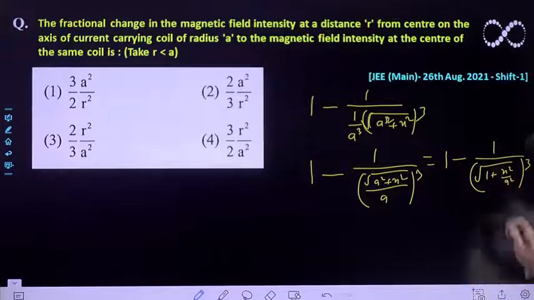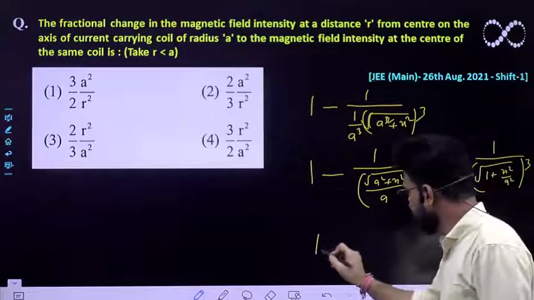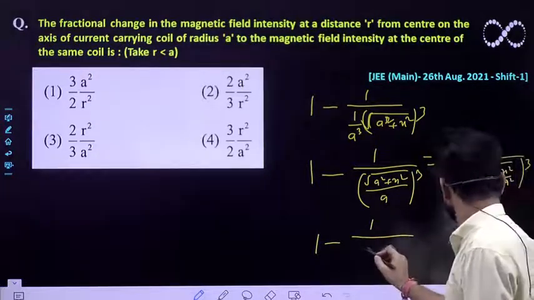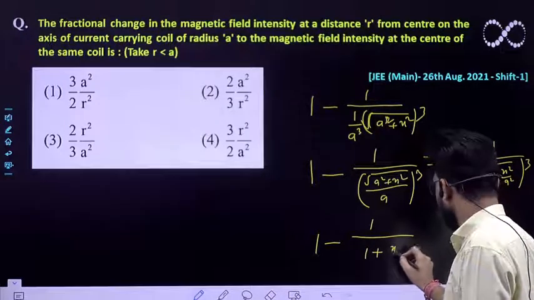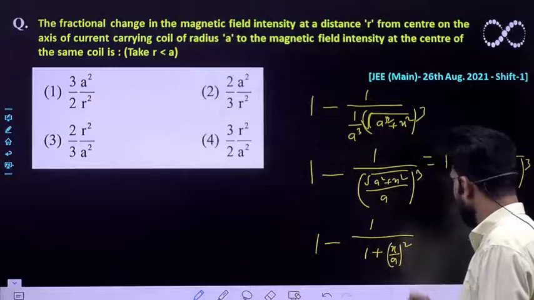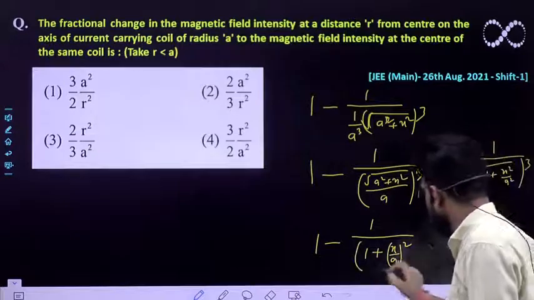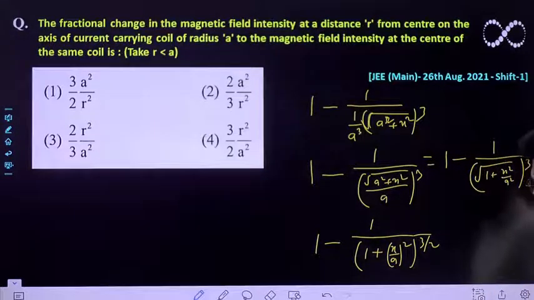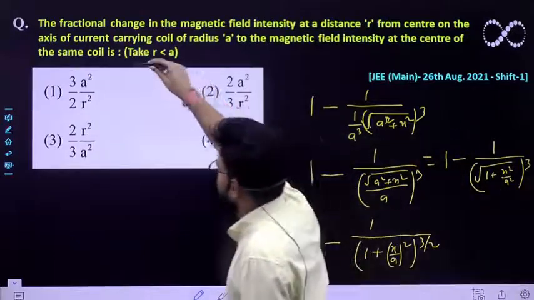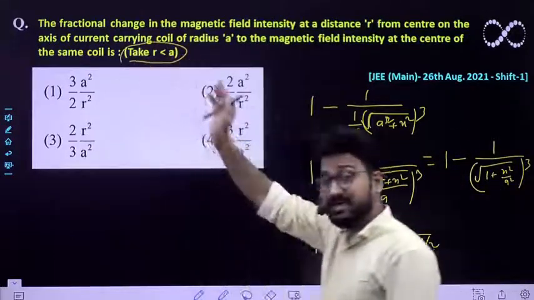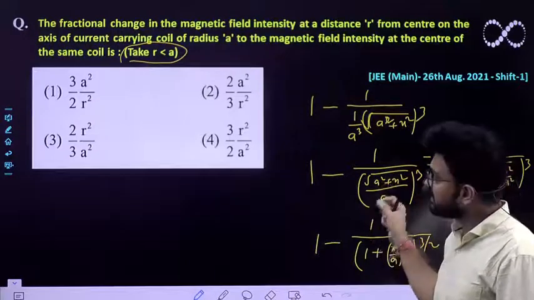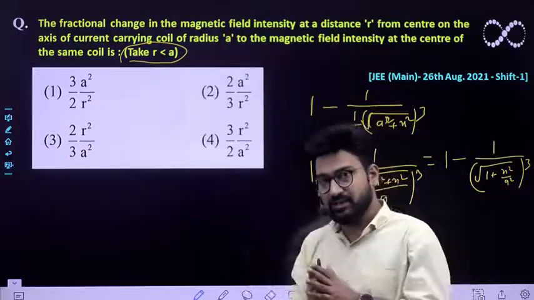It can easily be written like this. Further we'll be solving it, so you'll be getting 1 by 1 plus x by a whole square, and it can also be written as power 3 by 2 again. In this given expression we have been given that a is very much greater than r, where a is the radius and r is the axial point.